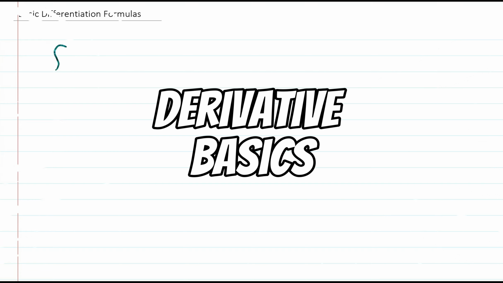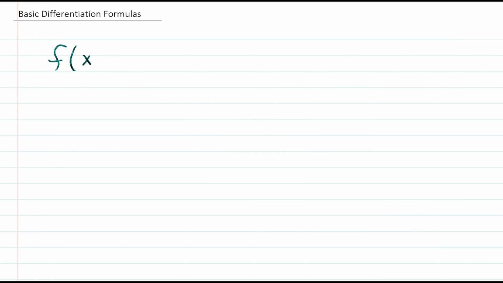The first important property: let's say we have f of x plus or minus g of x, and we were asked to take the derivative. So I'll put f of x plus or minus g of x in brackets and say prime.